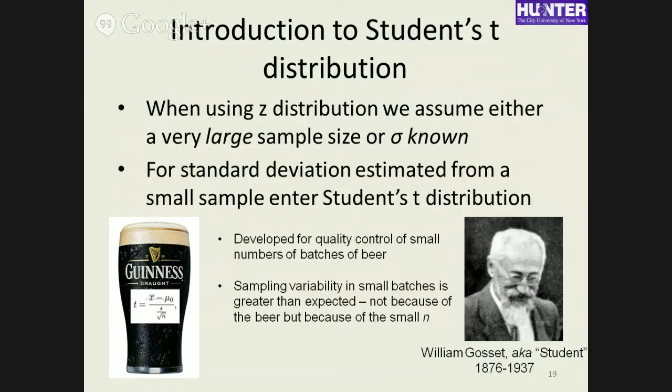And when he did things like a hypothesis test or constructed a confidence interval from a small batch of beer, it was actually inaccurate. It underestimated the variability in all of the rest of the batches. And this was the motivation for the t distribution.